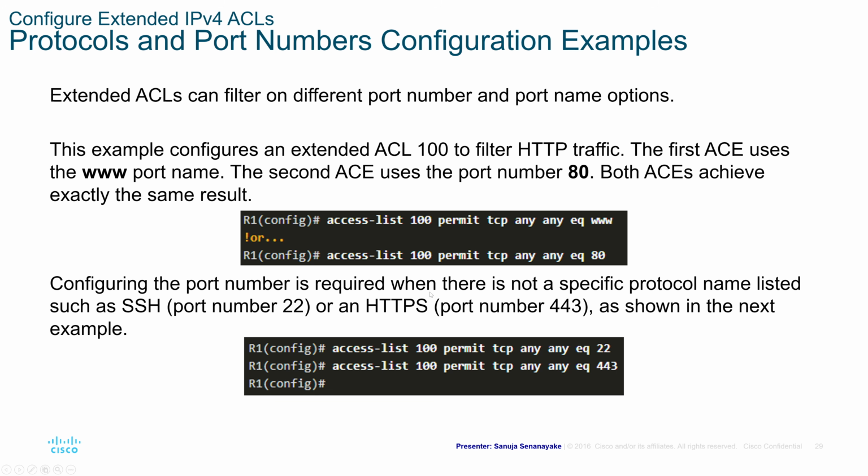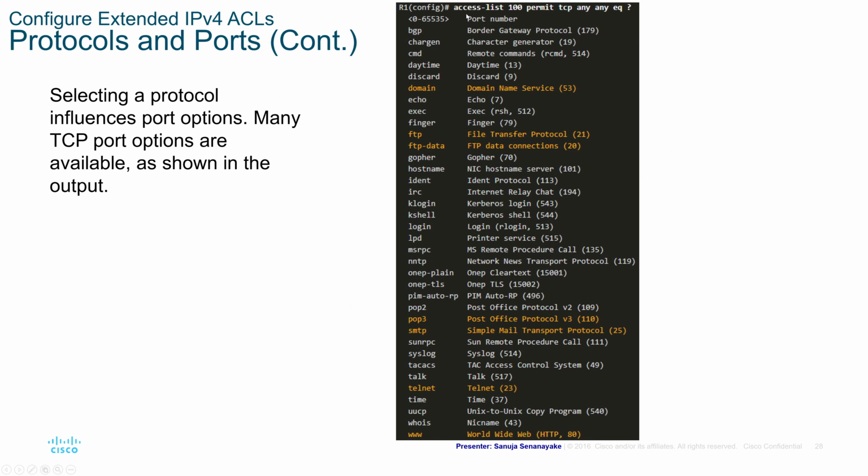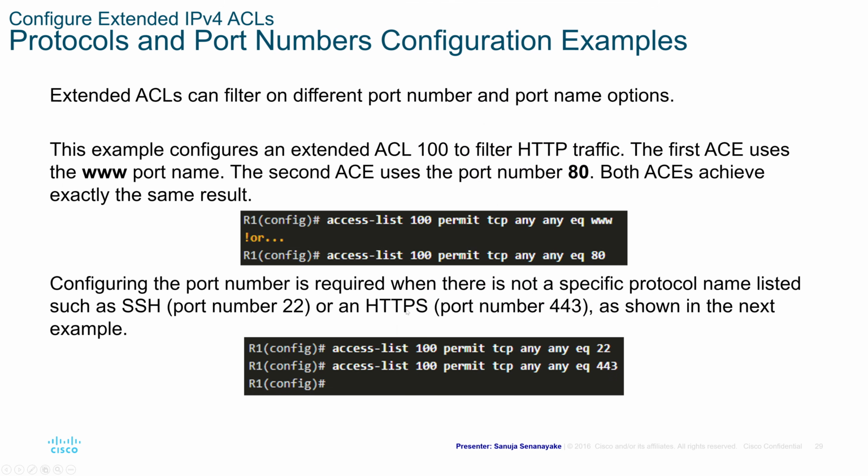Configuring the port number is required when there is not a specific protocol name listed, such as SSH, which is port number 22, or HTTPS, which is port number 443, as shown in the next example. So if you look in here, there is no specific protocol name for HTTPS port 443. We only have www for port 80. So in that case, to secure web traffic for HTTPS instead of just HTTP, you have to use the port number, because there is no specific protocol name built into the current Cisco iOS software.